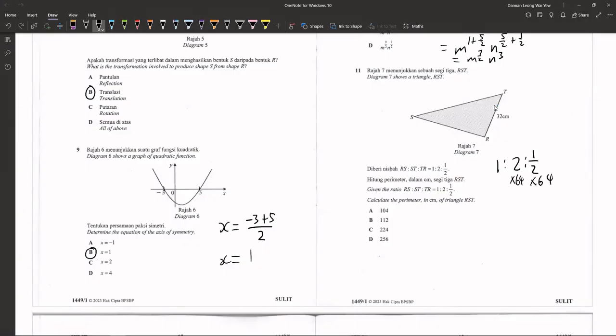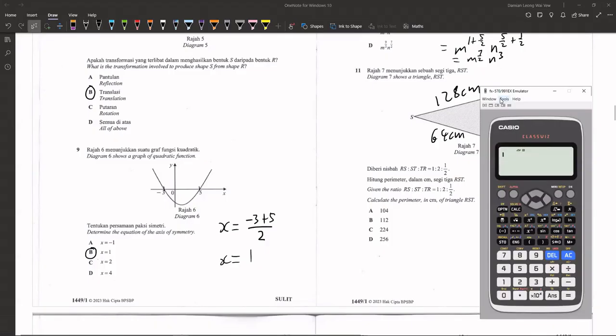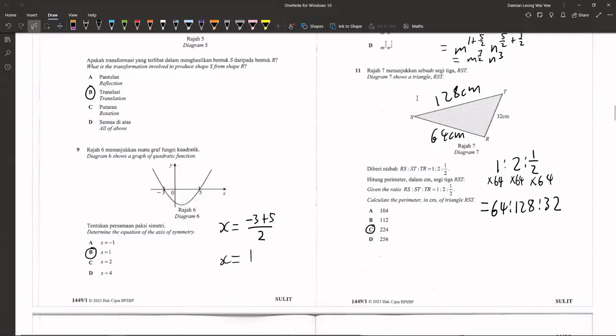So each part in the ratio, we multiply by 64. So 2 times 64, 128. 1 times 64 is 64, and 1 over 2 times 64 is 32. Means this is 128 cm for ST, and this is 64 cm for the RS. So perimeter, we just add them all together. 128 plus 64 plus 32, and perimeter is 224.